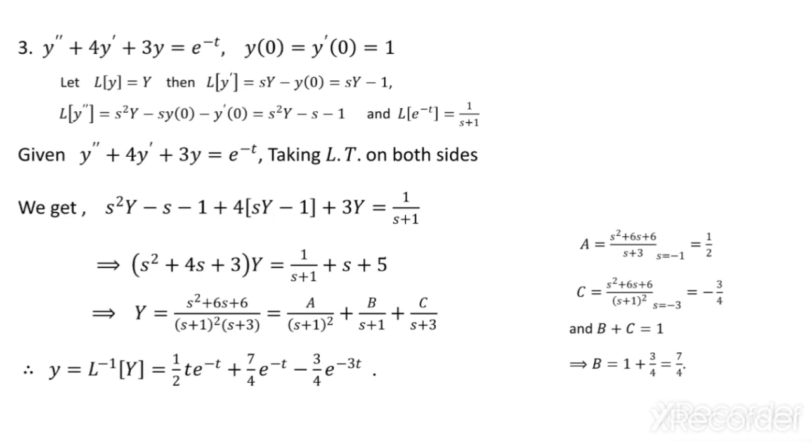Whereas the first term, A by s plus 1 the whole square, becomes half into L inverse of 1 over s plus 1 the whole square, again by shifting. So you can take e power minus t out, left out will be L inverse of 1 by s square, which gives t. So the answer y of t is half into t e power minus t plus 7 by 4 e power minus t minus 3 by 4 e power minus 3t.